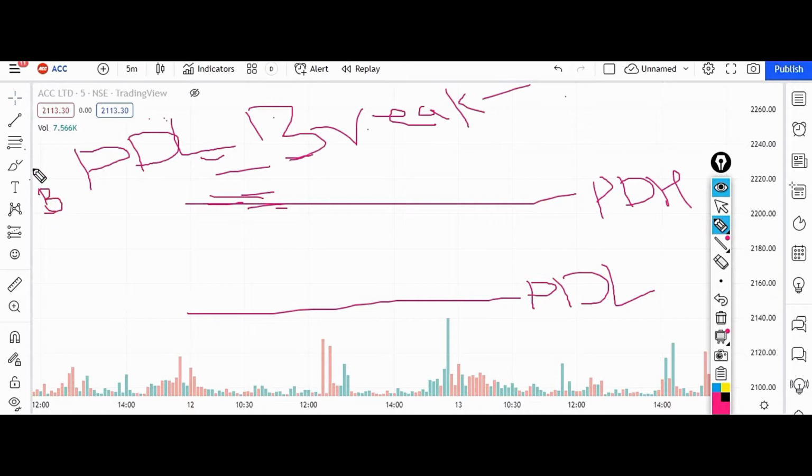If price breaks below this level, then we put the stop loss above that candle, above this level, or above the previous swing high, and then we can plan our entry here. Our target will be the next support. This is the previous day low breakdown. You understand? Okay, let's move to the fourth one.